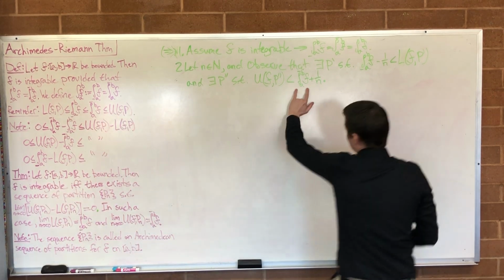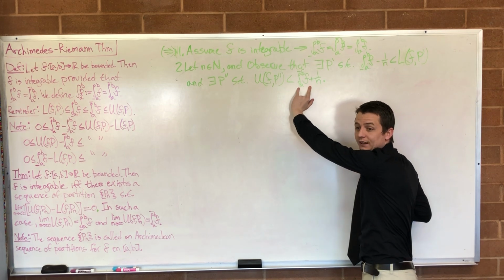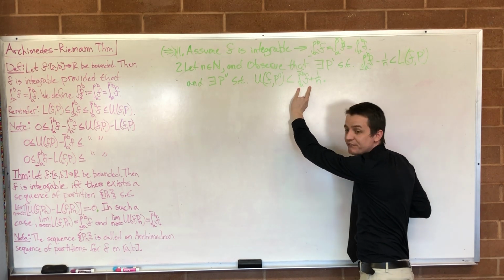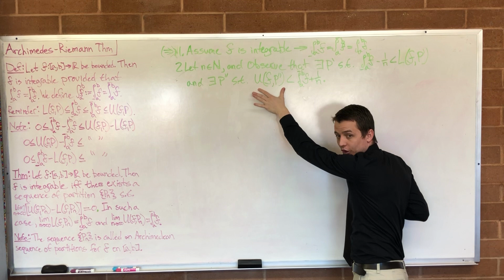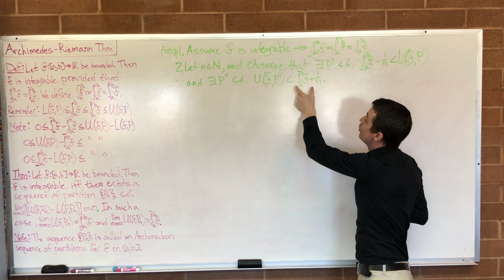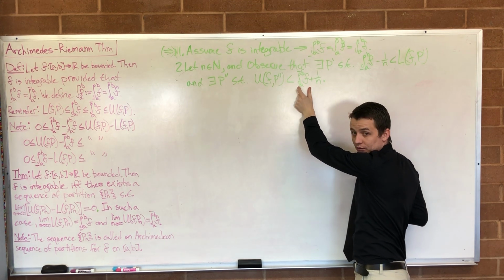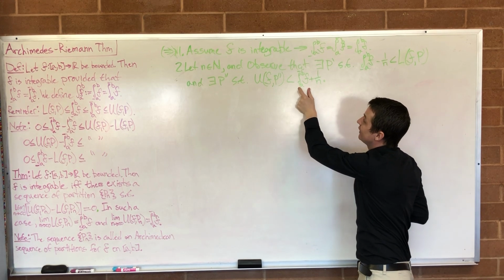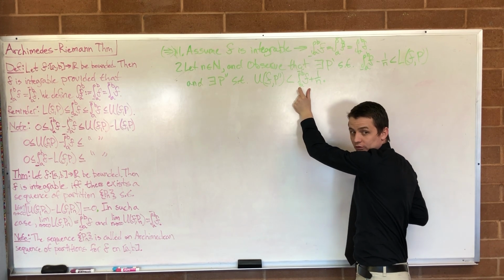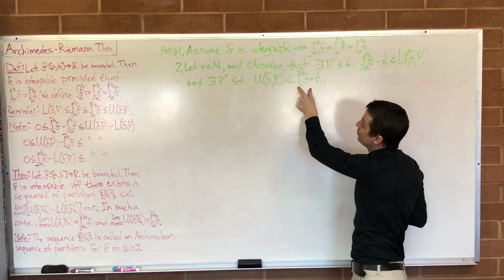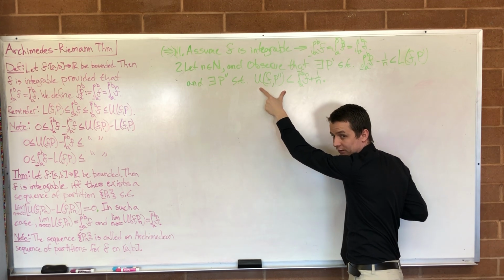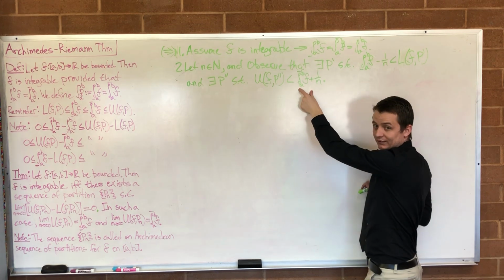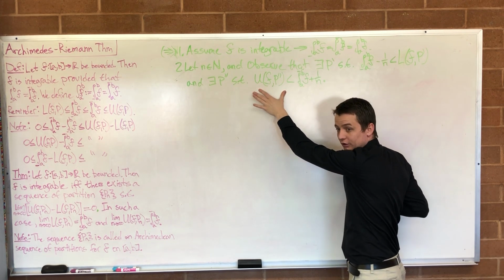So remember what this symbol is now. How do we define this symbol? This is the infimum of all upper Darboux sums. This is the greatest lower bound of all upper Darboux sums. This is less than any possible upper Darboux sum you can come up with. But it's the smallest thing that's less than any upper Darboux sum you can come up with.